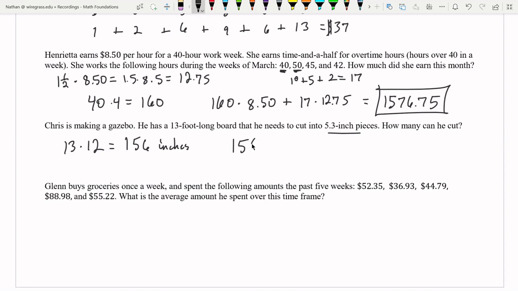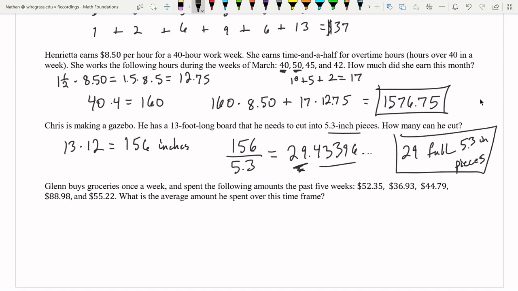So 156 divided by 5.3 is going to give us 29.43396, and then it keeps jumping around some. What I'm seeing here is there's going to be 29 full pieces. So 29 full pieces is how much he can cut. He doesn't really care about this extra stuff because he doesn't want that. He wants 5.3-inch pieces. That's our answer there.